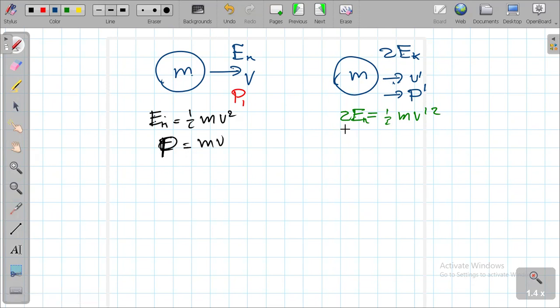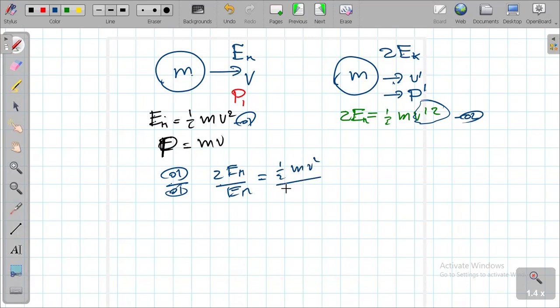Now I want to find out the new velocity in terms of the old velocity. If this is equation number 2 and this is equation number 1, I want to divide them. Equation number 2 divided by equation number 1. Have a good look at 2Ek over Ek equals half mv dash square divided by half mv square.